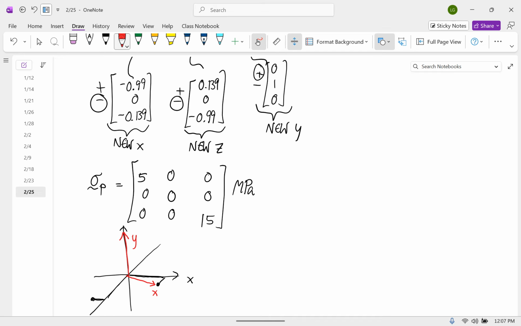There's the point. There's the vector. And that's my new Z-axis.